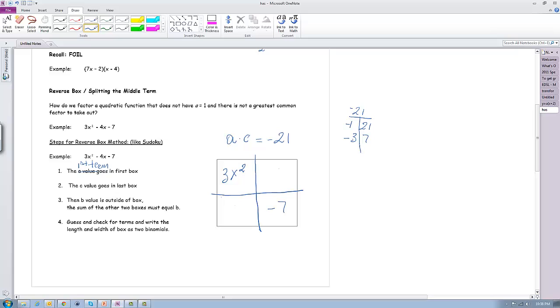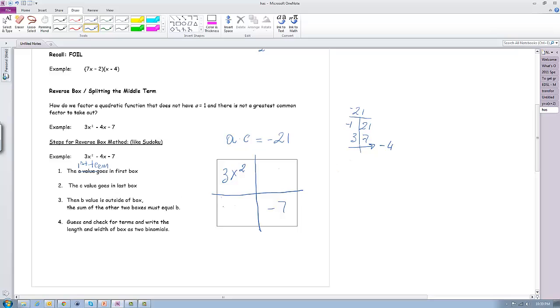These two factors, when multiplied, equal 21, but they do not equal minus 4 when we sum them up. But if I change the sign of these two terms and switch to 3 and minus 7, I can see that when I sum these two terms, I get minus 4. So these are the terms I'm looking for.